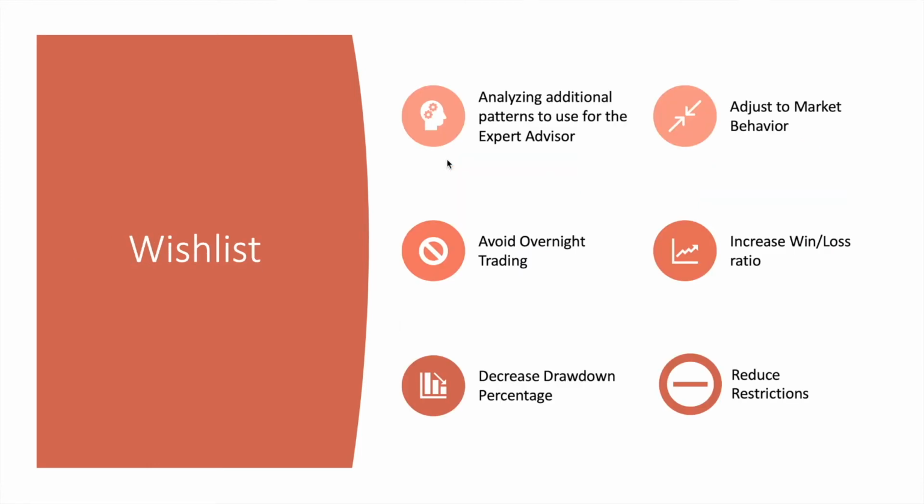As I mentioned, there are many restrictions placed onto the expert advisor, so the amount of buying opportunities becomes less. Analyzing additional patterns that can be used is a very useful approach.